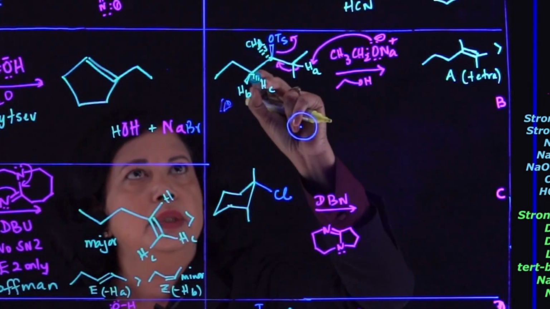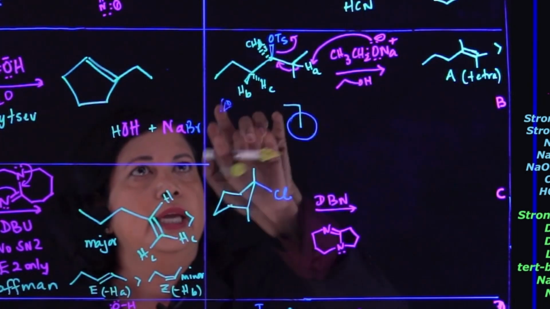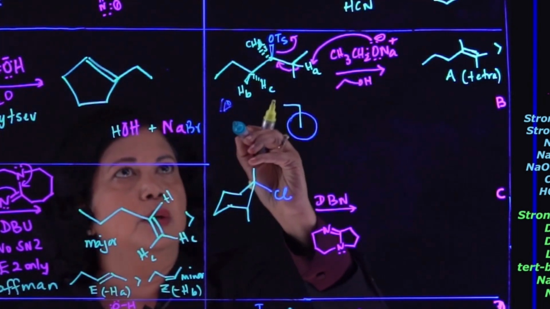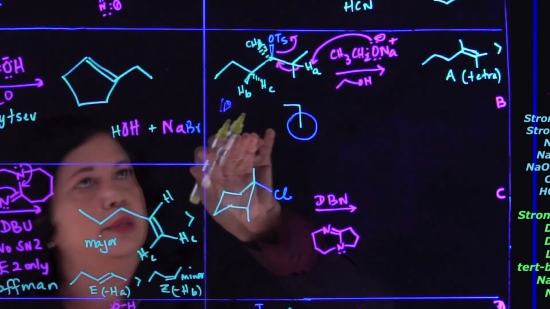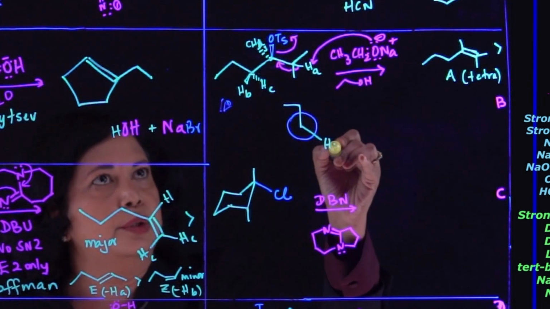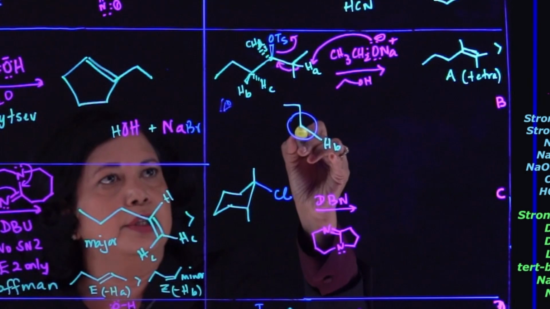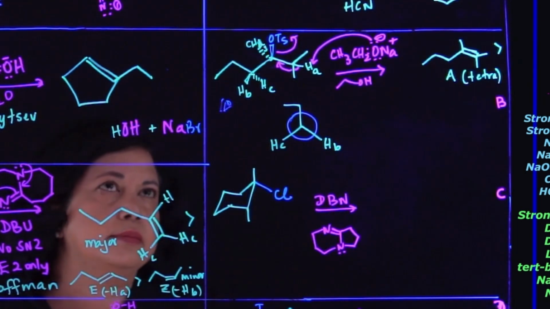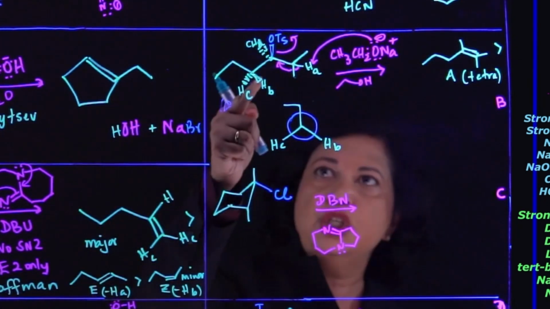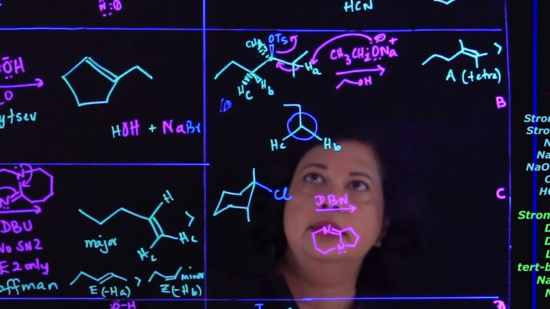The dot carbon is going to have this ethyl tail going up, and then your HB is going to be to your right, and your HC is going to be to your left. This is going to be coming out and away, and HC is going to be to your left here when you're looking at it like that. So wedge would be to your right, and dash would be to your left.